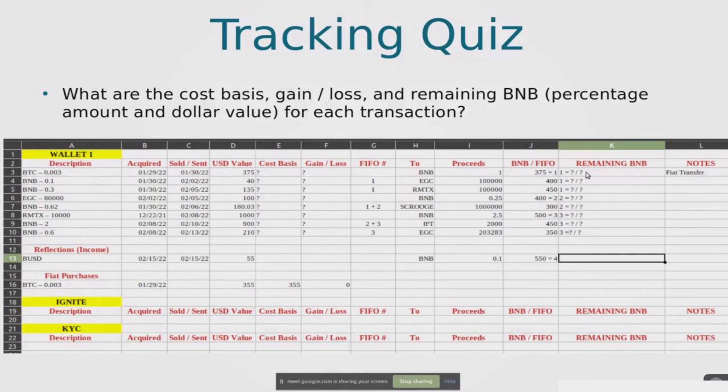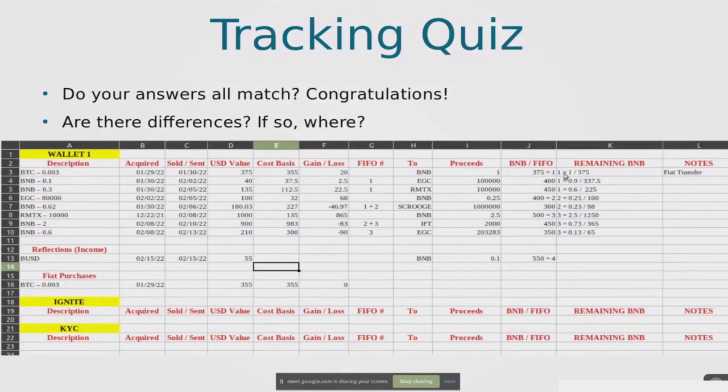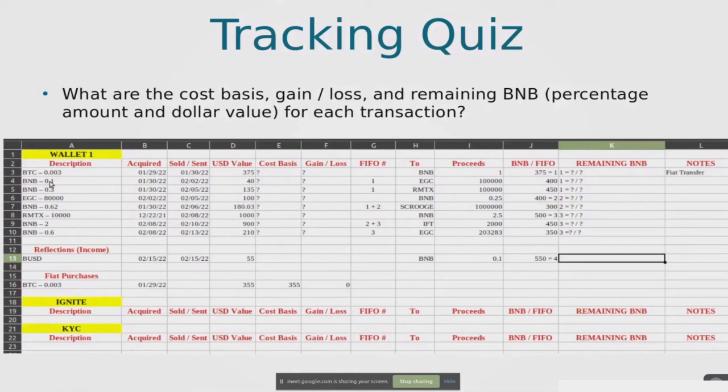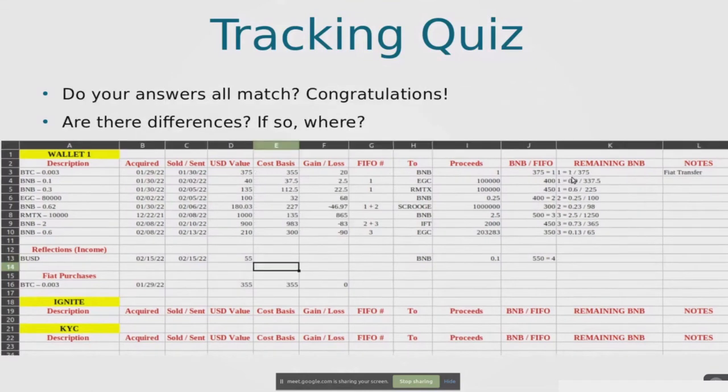Let me change slides here. You see how I've tracked 1 BNB remaining, and $375 is what it's worth? When I go to figure out that 0.1, I already have it right here. I just need to go 375 times 0.1, and it gives me that 37.5 cost basis.